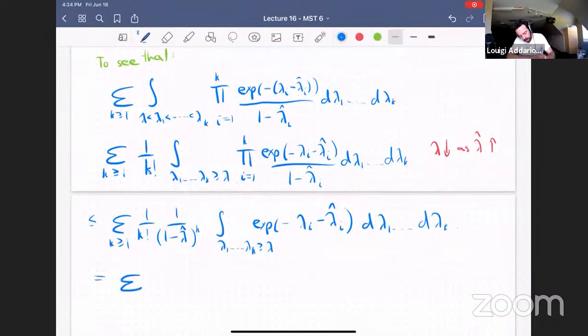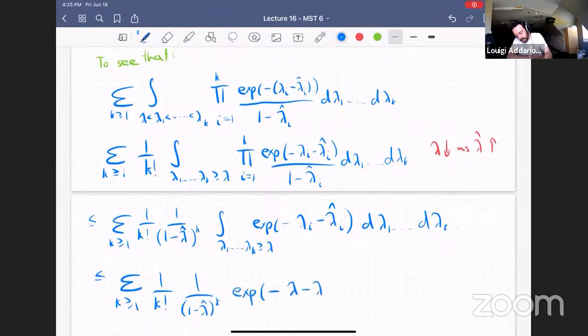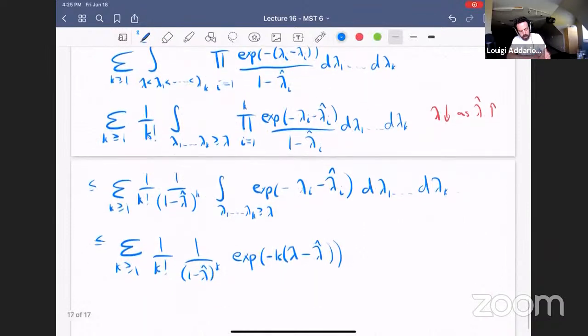So this whole thing is at most the sum over k at least 1 of 1 over k factorial, 1 over 1 minus lambda hat to the k, and then e to the minus k times lambda minus lambda hat.